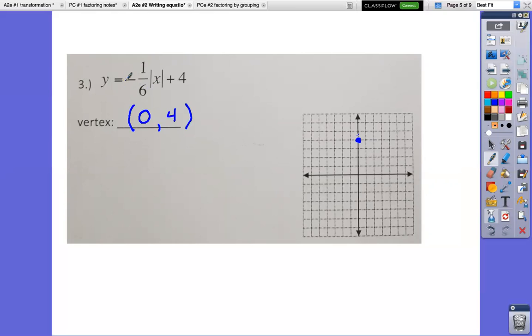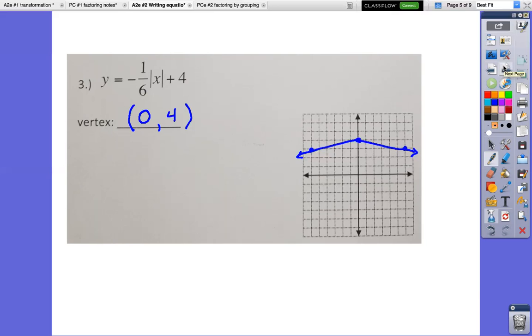So it opens down because of the negative right here. Is this being stretched or shrunk? Shrunk, because it's a fraction less than 1. So how this looks when I graph it is down 1 over 1, 2, 3, 4, 5, 6. And make sure absolute values make V's, so you have to run both ways. There you go. Okay. Again, once you practice this, it's pretty simple.